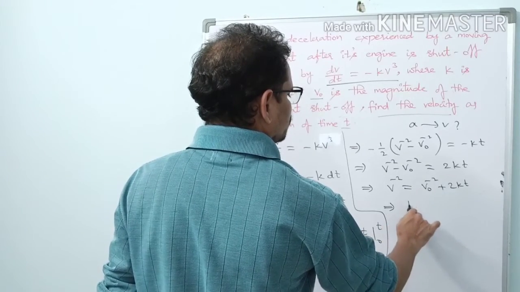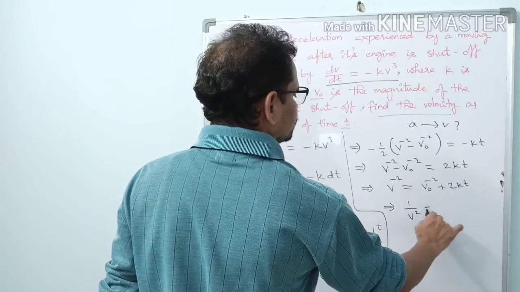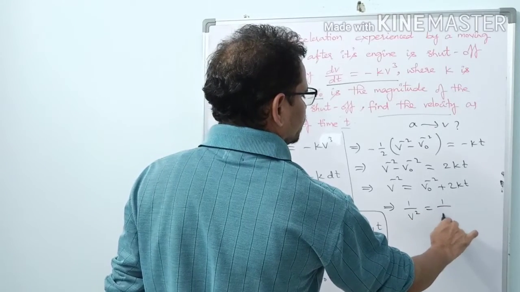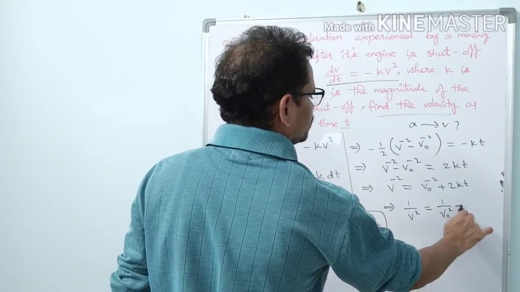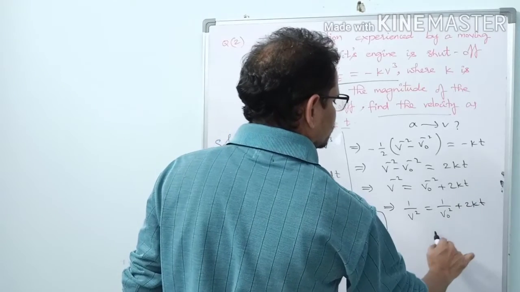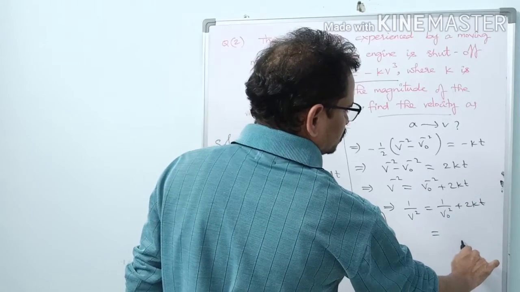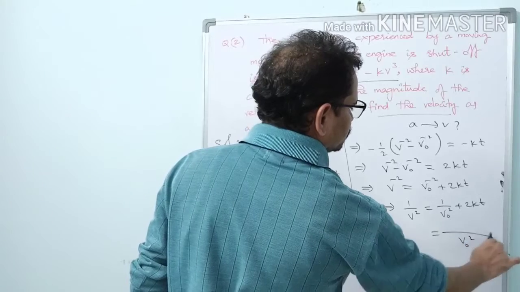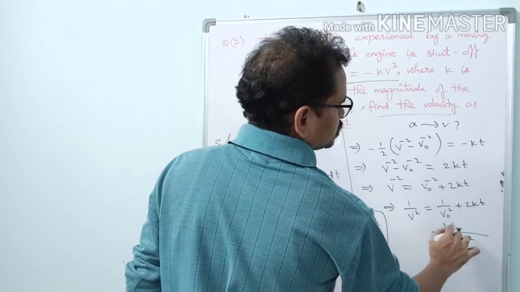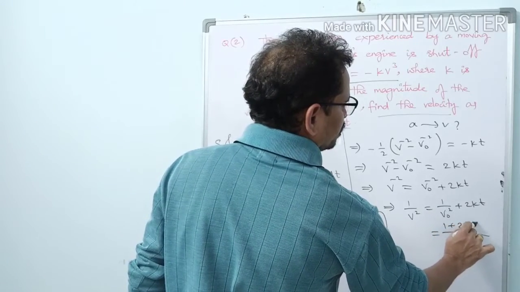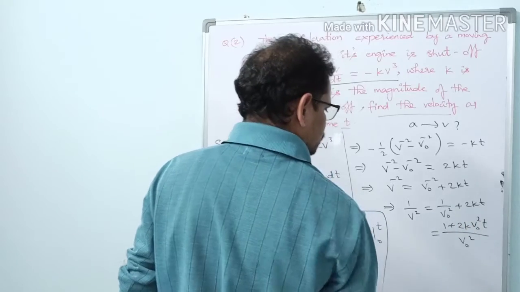This implies 1 by v square is equal to 1 by v0 square plus 2kt. So taking LCM here, v0 square is LCM. So this is 1 plus 2k v0 square t. Okay.